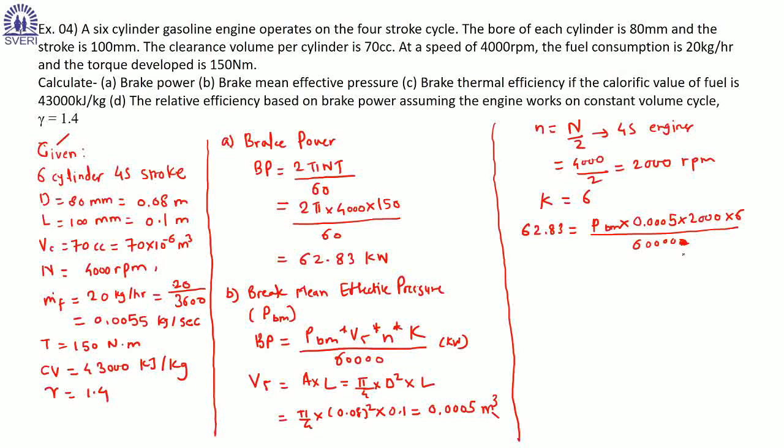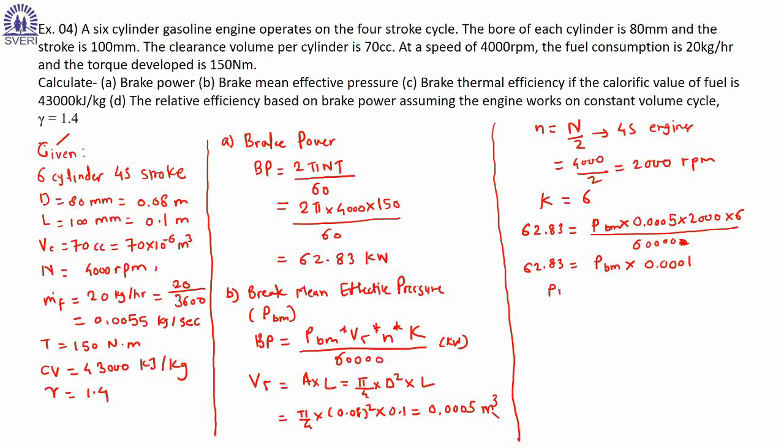If I calculate this, 62.83 is equal to PBM into, I'll just calculate this part, that will be 0.0001.